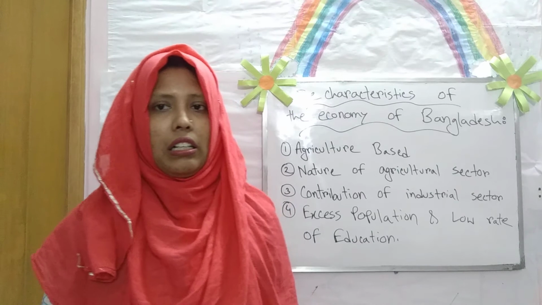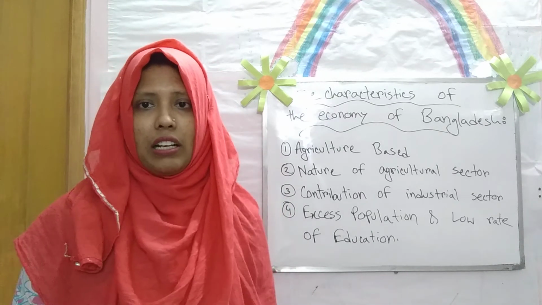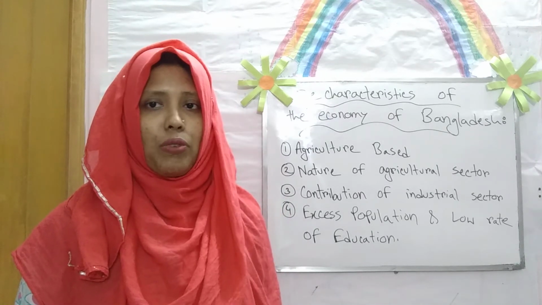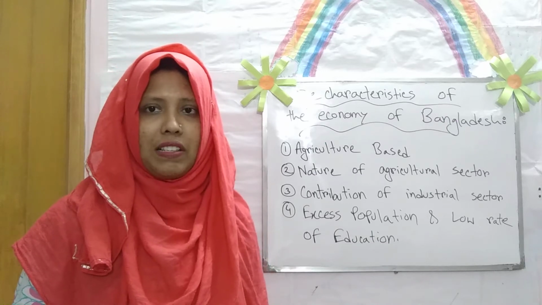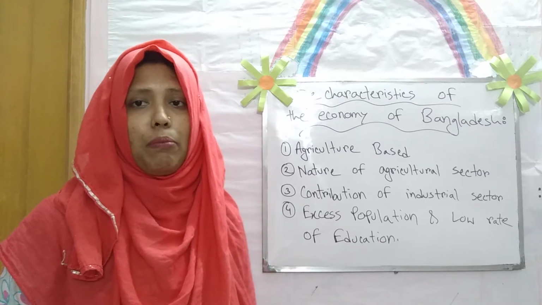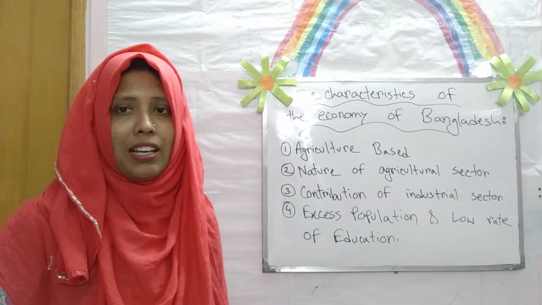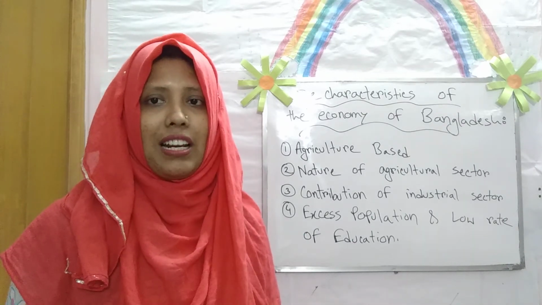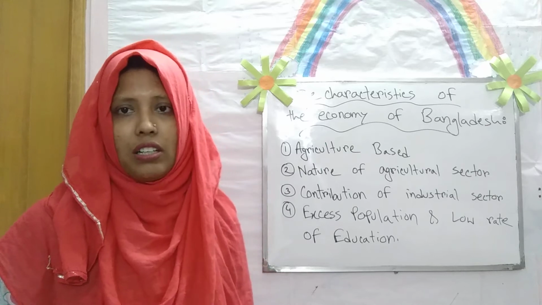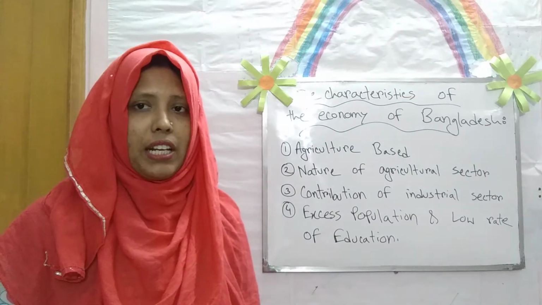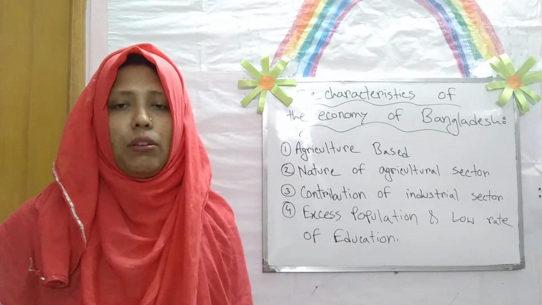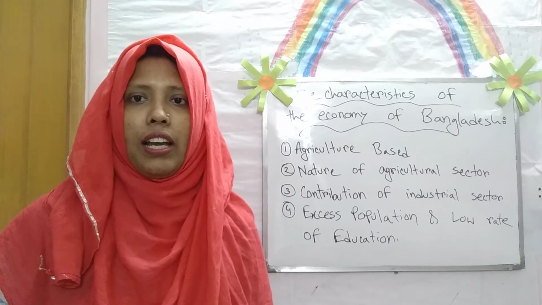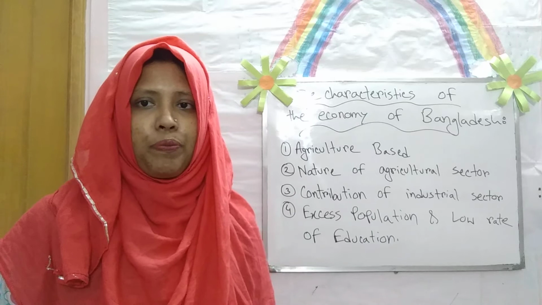But in the 2015-16 fiscal year, the per capita income of Bangladesh was above 1,400, and at present in 2020, the per capita income of Bangladesh is 1,752 US dollars. Our per capita income is increasing day by day. That's why we are rising as a developing country.